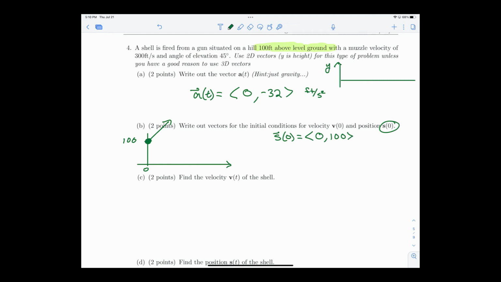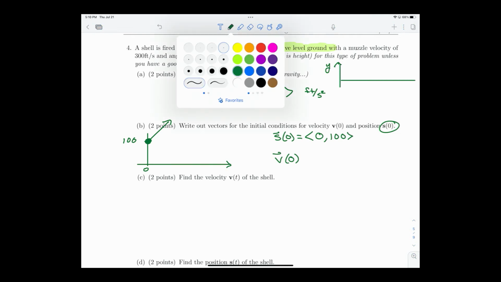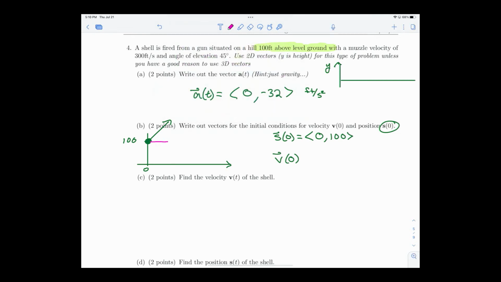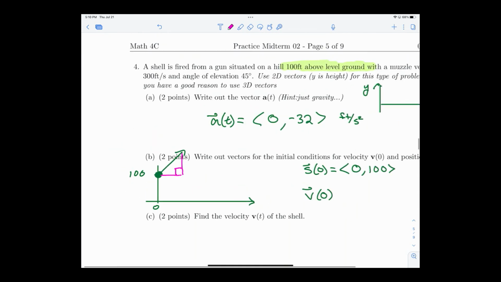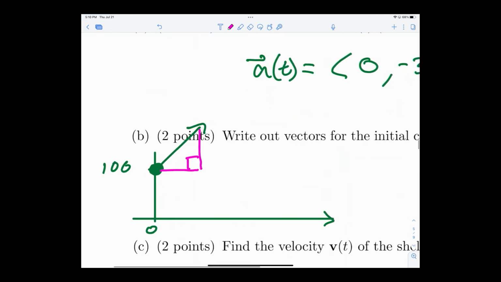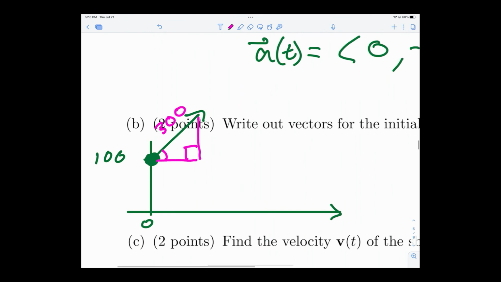Now, for the initial condition for velocity, we need to use the fact that this is a 45-degree angle. Think about drawing a little triangle here. When we say the muzzle velocity is 300 feet per second, that means this side is 300, and then this is 45 degrees.